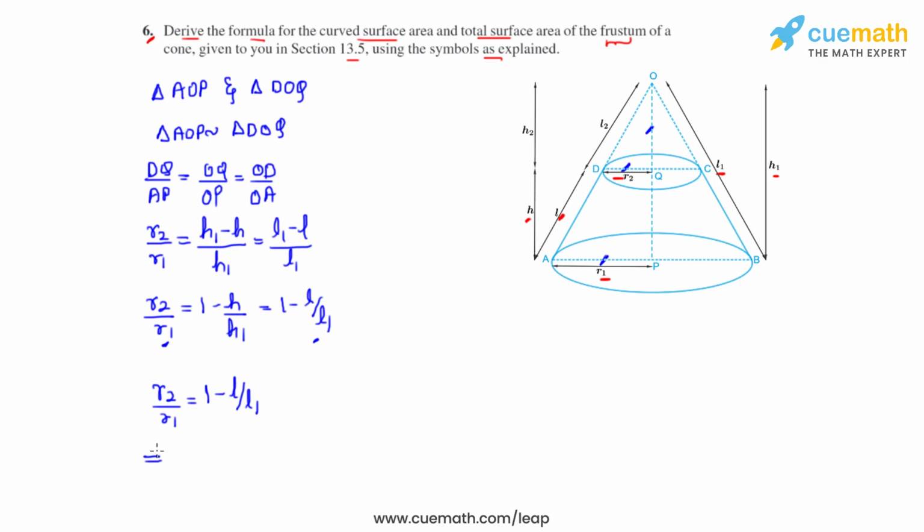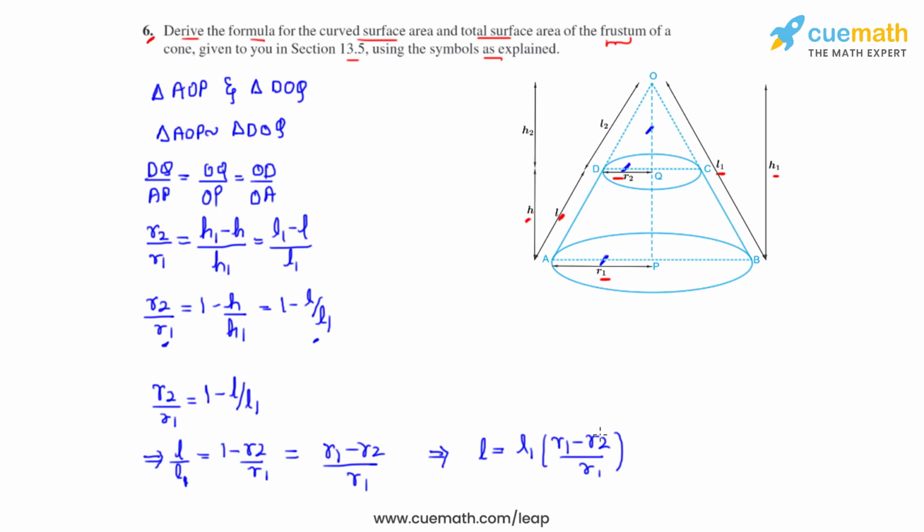That implies L by L1 will be equal to 1 minus R2 by R1, which on simplification gives R1 minus R2 by R1. So that implies that the slant height of the frustum part will be equal to L1 times R1 minus R2, divided by R1.